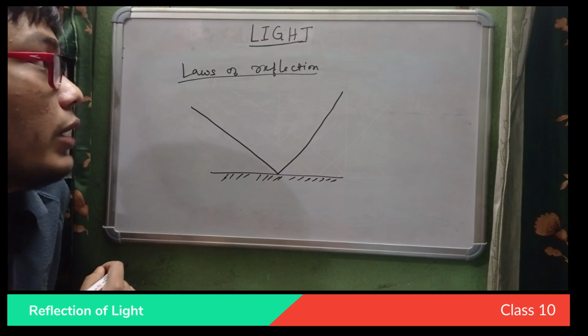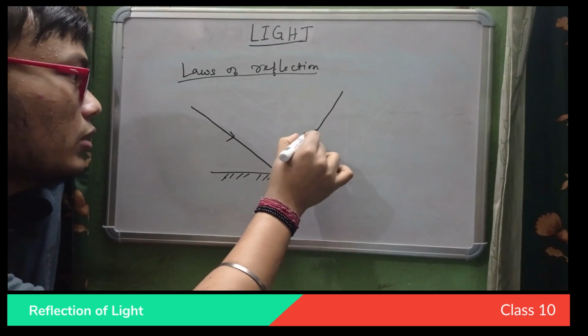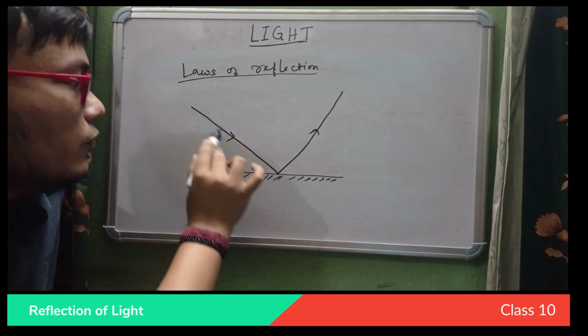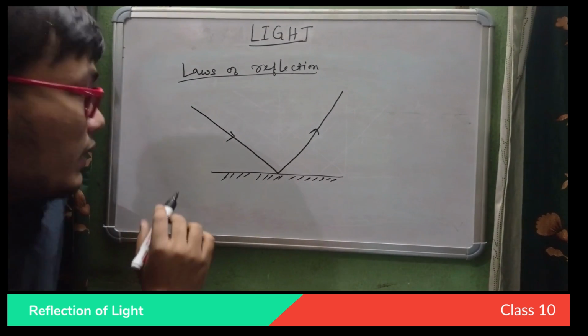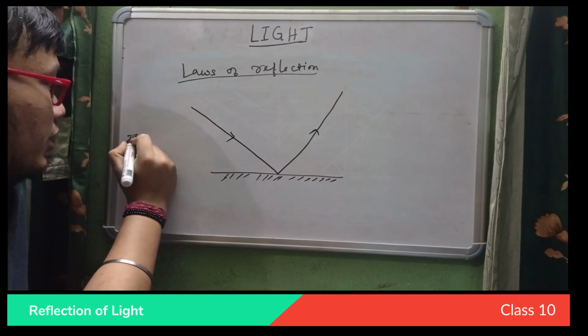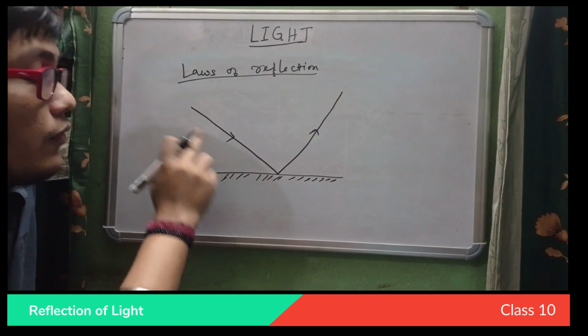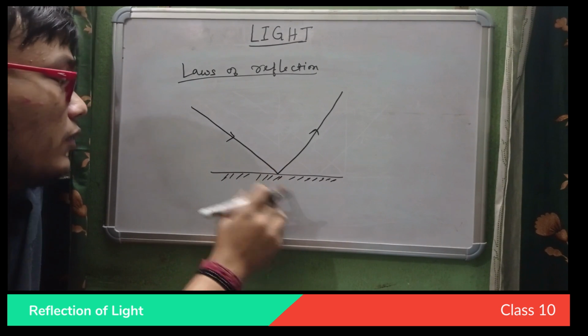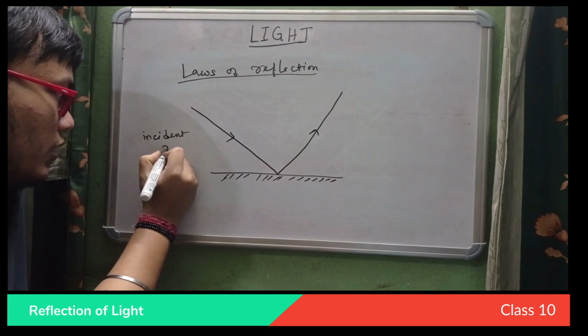So we need to keep in mind a few terminologies. The ray which falls on the opaque surface is known as the incident ray.